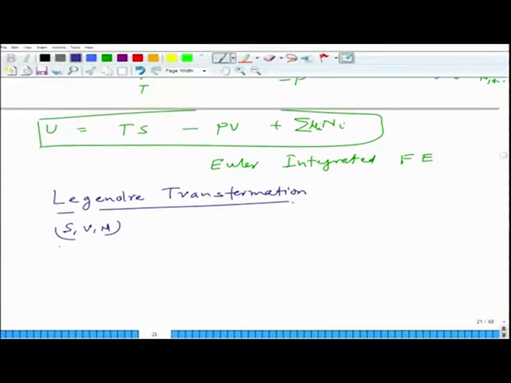You can also maintain the pressure by keeping it open to the atmosphere. So the common variables of interest to us, which we can control much more easily, are constant temperature and pressure.